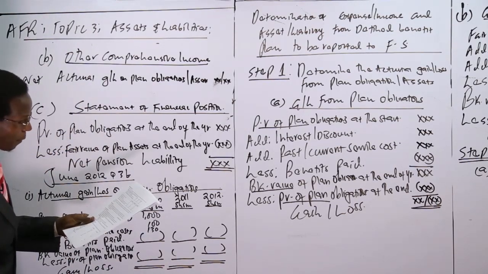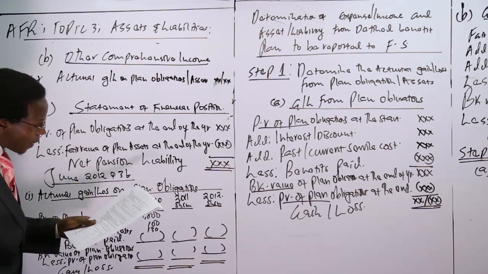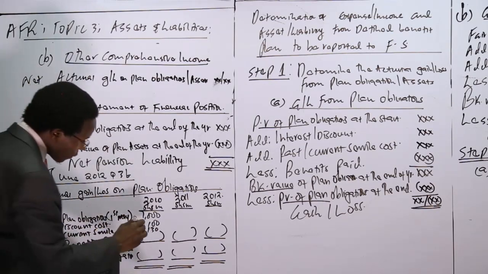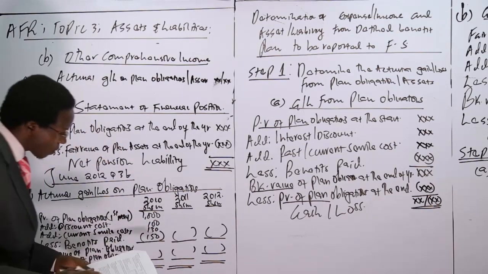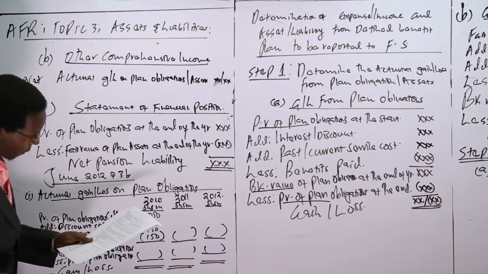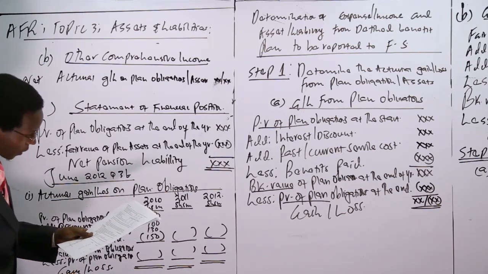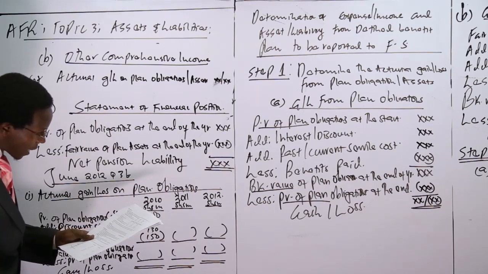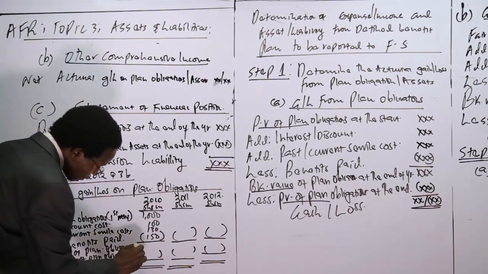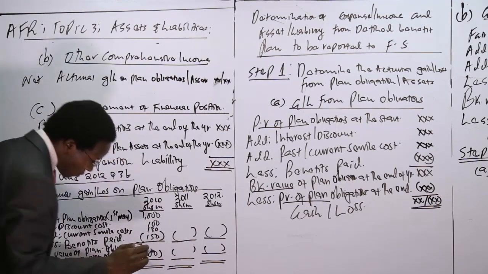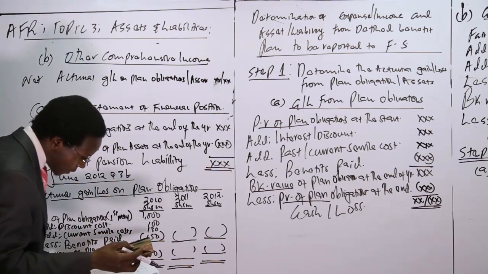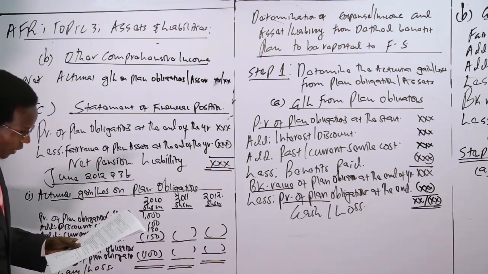The benefits paid is 150, sorry. Then the present value of the plan obligations at the end of the year, 30th April, is 1,100.